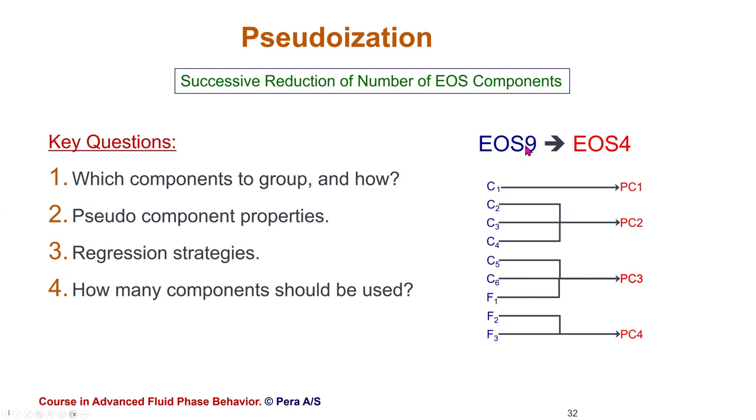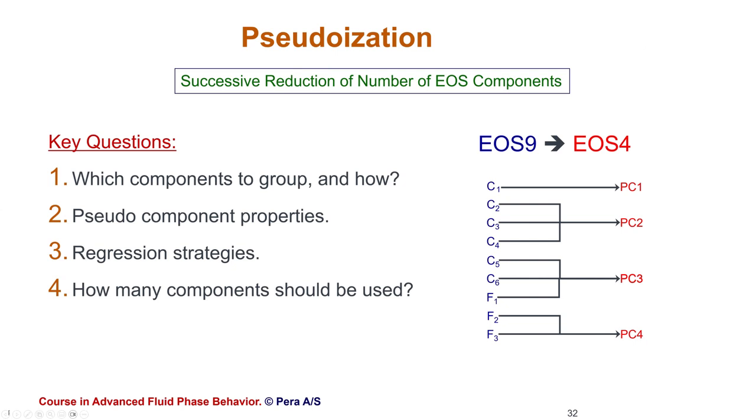However, if you export your equation of state with 9 components, the simulation model will be very slow. So you need to reduce the number of components in order to reduce the number of equations to be solved in your system by your numerical simulation. So this is part of the game to do this pseudoization or lumping process.